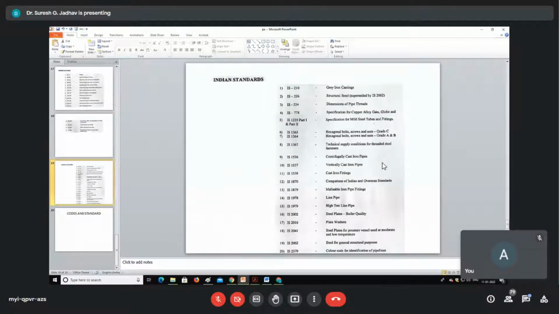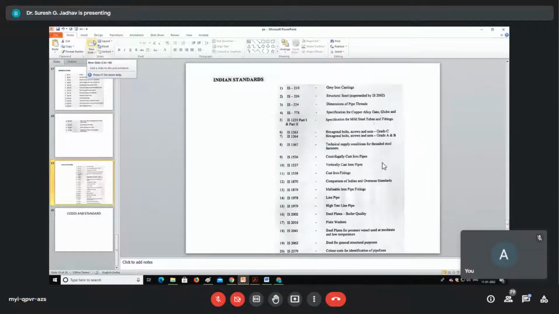Now the next standard is Indian standards. The Bureau of Indian Standards, BIS, has so far not developed Indian standards for designing piping systems.